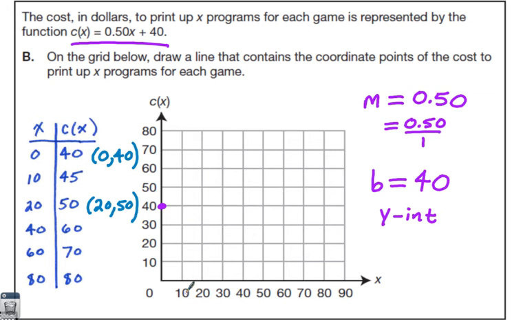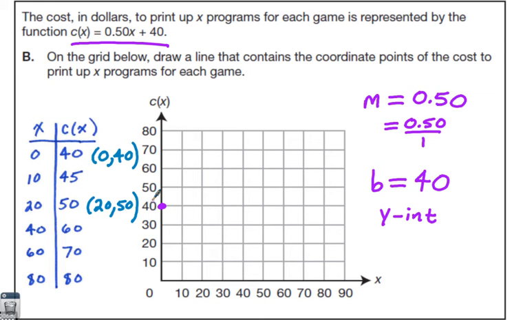But when you look at how the x-axis and the y-axis are scaled, and how we're jumping by tens, a rise over run of 0.5 over 1 is kind of hard to draw or represent the way these numbers are.